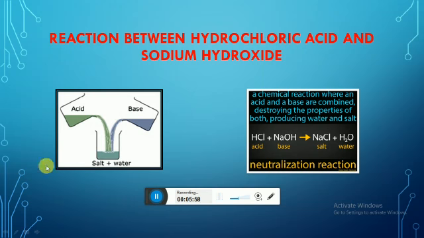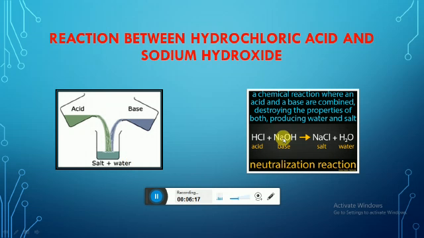So HCl and NaOH, when they react together, give NaCl and H2O. Keep in mind, this is a double displacement reaction. We discussed displacement reactions previously.